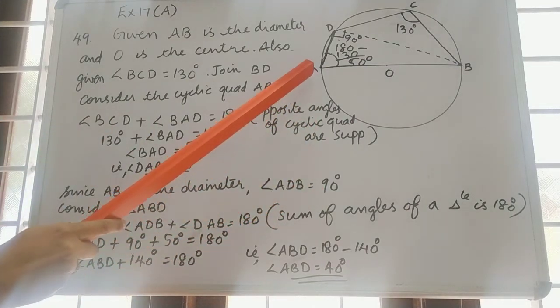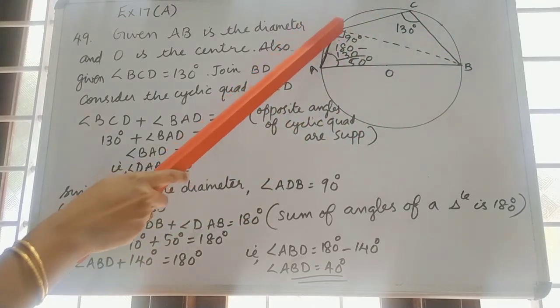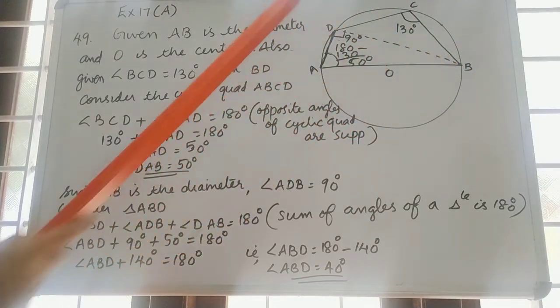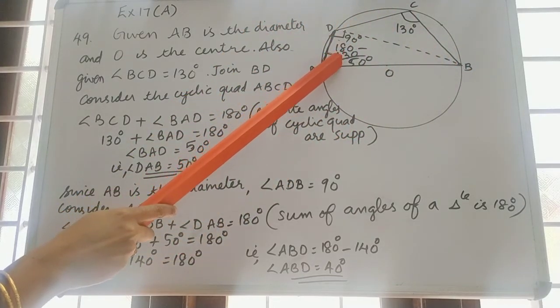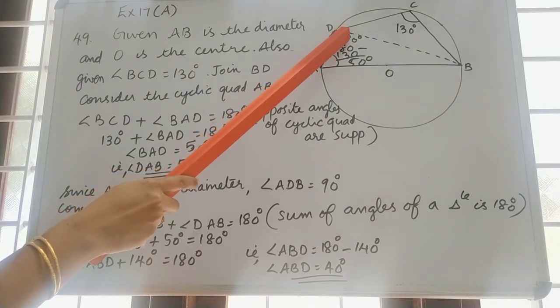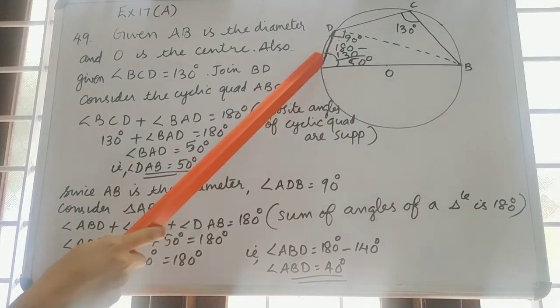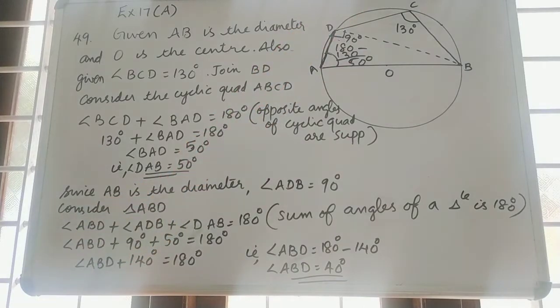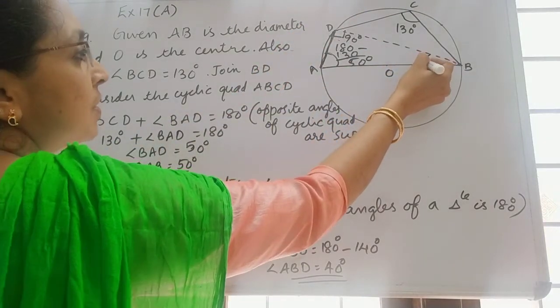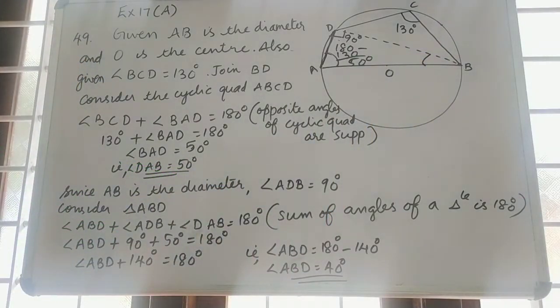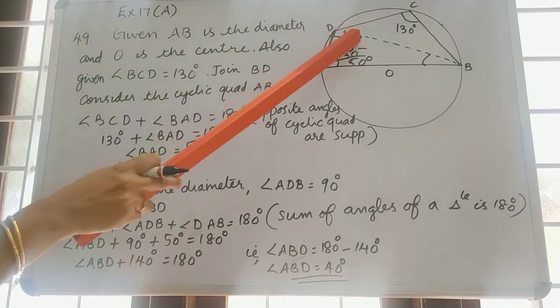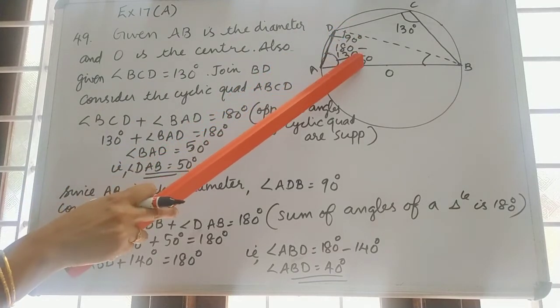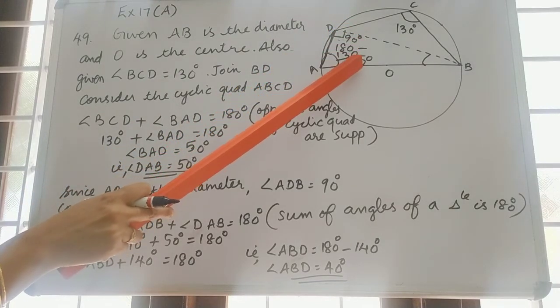Then consider triangle ABD. In this triangle, we got 50 degrees here and 90 degrees here. So what about angle ABD? We know the sum of angles of a triangle is equal to 180 degrees. So this angle will be 180 minus the sum of 90 and 50. 90 plus 50 is 140.